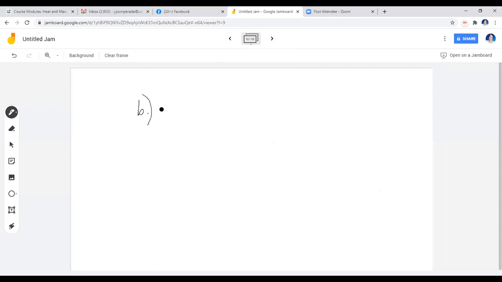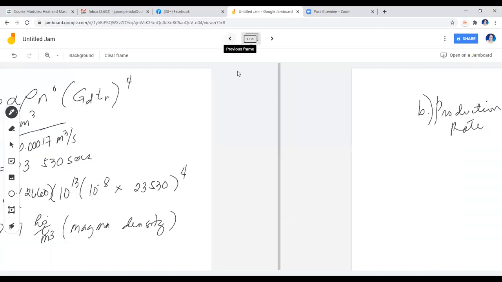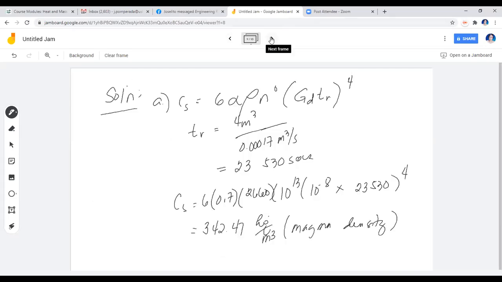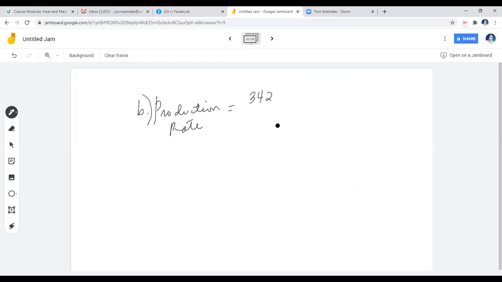Our production rate here, just like any production rate when we speak in chemical engineering or in production, has a unit of mass per unit time. And since, as I've said, the crystals that we are producing are dependent on the solid content of our magma, then I'll be using the amount we solved in the previous, which is 342.47 kilograms per cubic meter.